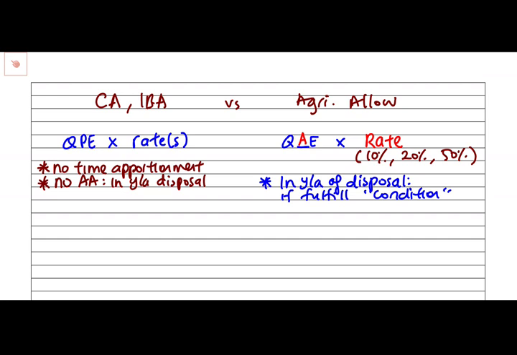If you fulfill the condition, then the disposer can claim agriculture allowance, but you time apportion it.